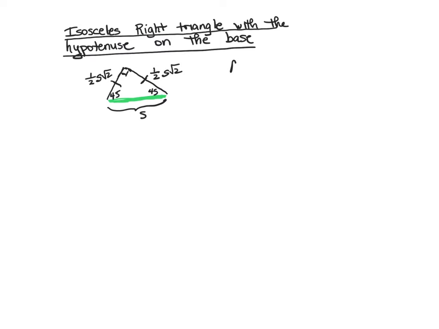So the area of this in terms of S would be 1/2 S root 2 times 1/2 S root 2 times a half, because it's 1/2 the product of the legs. Now 1/2 times 1/2 times 1/2 gives us 1/8, but root 2 times root 2 gives us 2. So the answer is just S squared over 4. All right, that would take care of those.